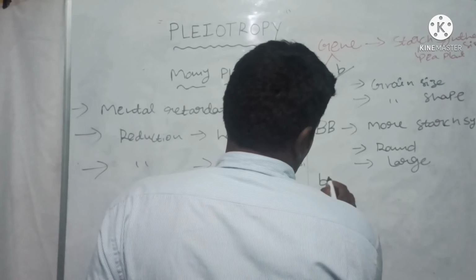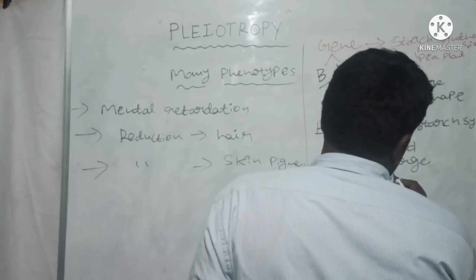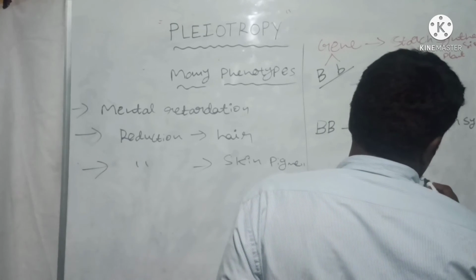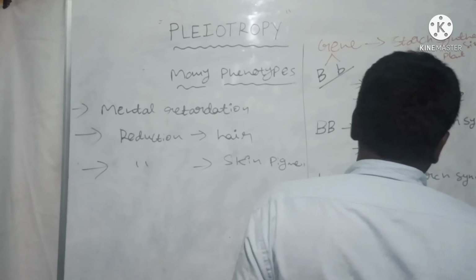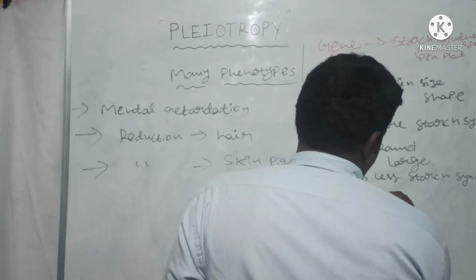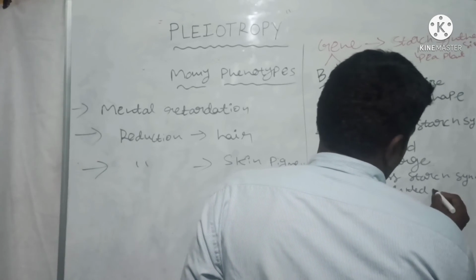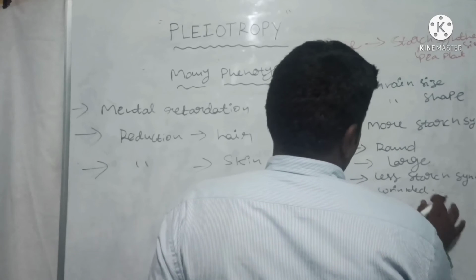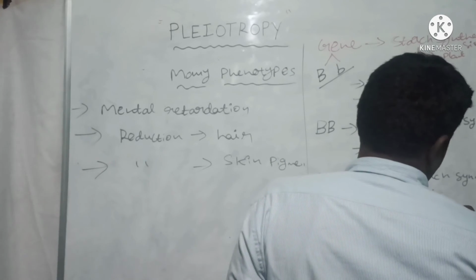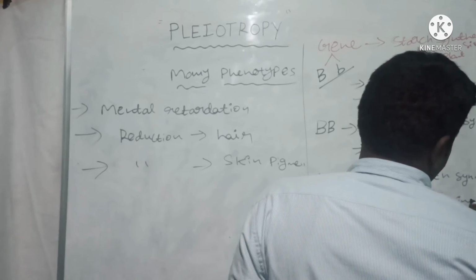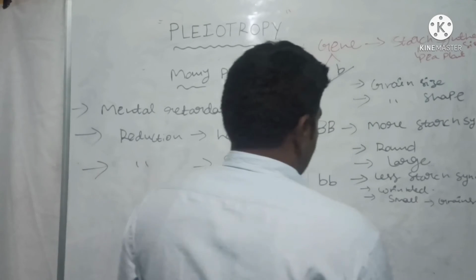Now, small b and small b means less starch is synthesized, giving wrinkled seed with small grains.